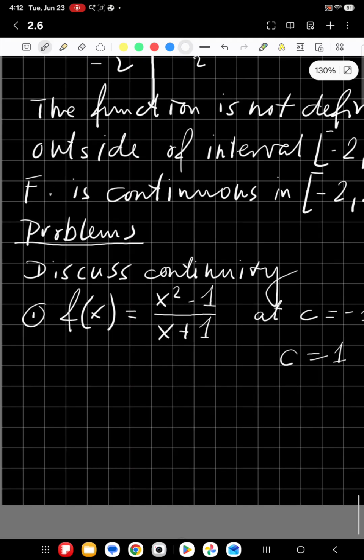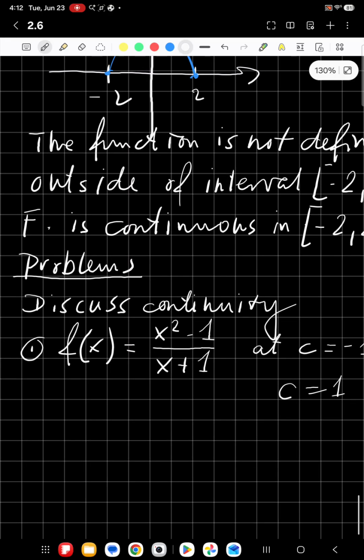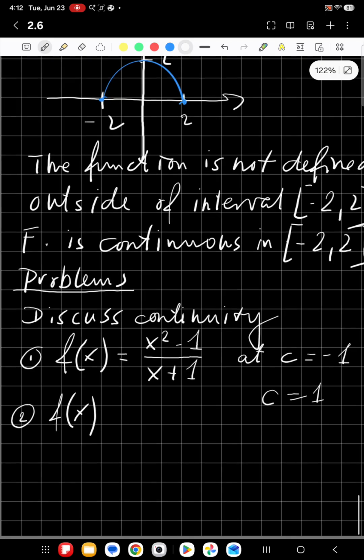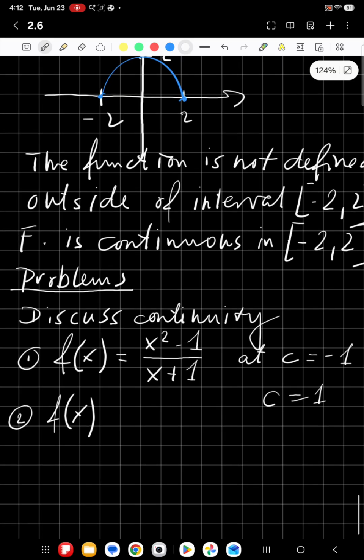And then the second problem is maybe a little easier. You can also talk about whether that discontinuity, if something is discontinuous, is removable or not.